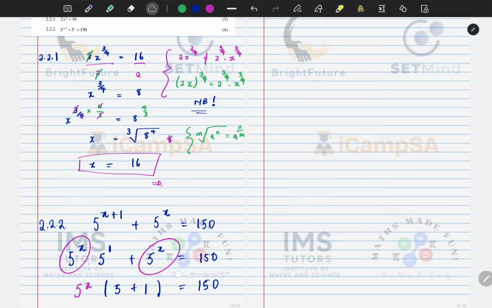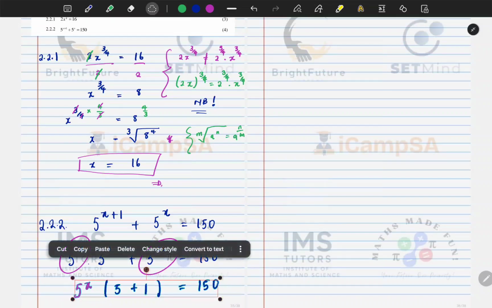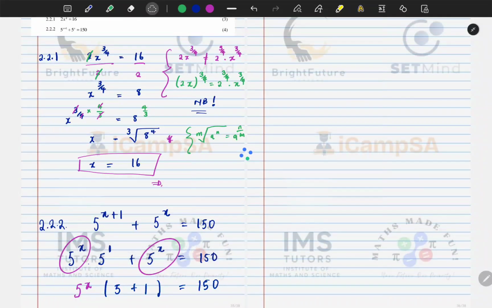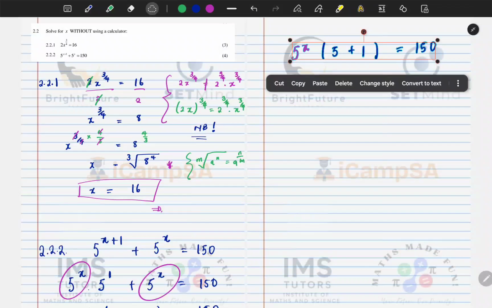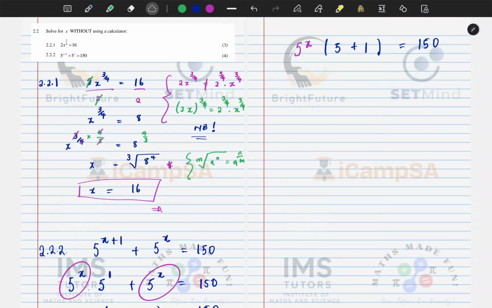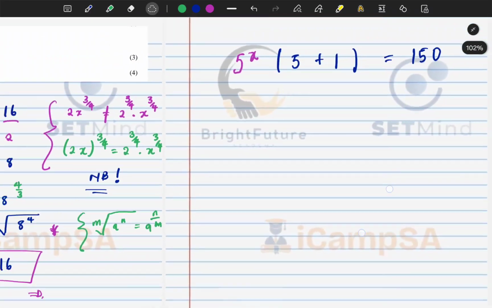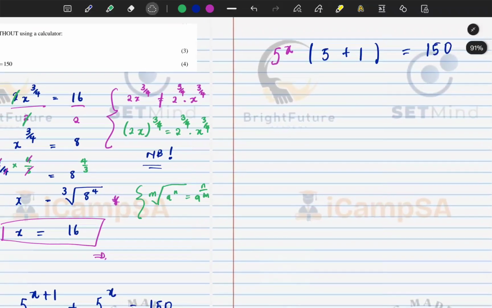So now let's move on to the other side. Let's just take this, copy, and take it here. Now we have 5 raised to the power of x times 6 equals 150.